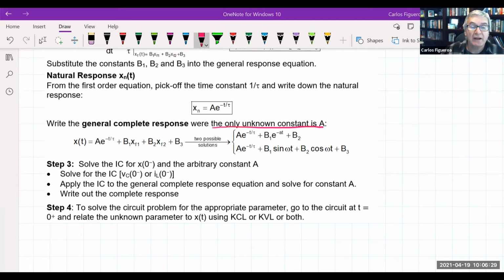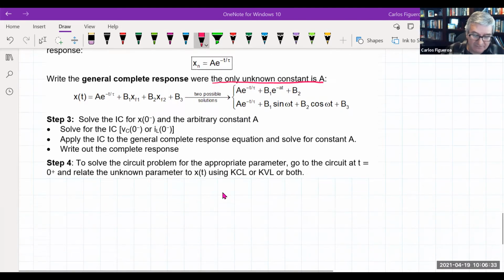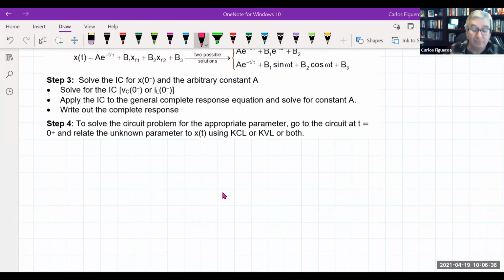I will try to be as systematic as possible here. Here we go, I'm going to give you an example. Here's an example circuit.